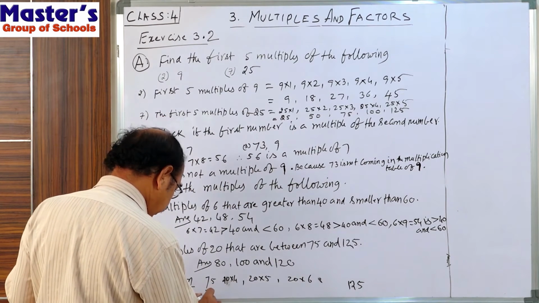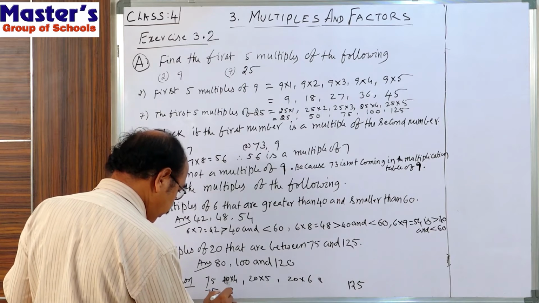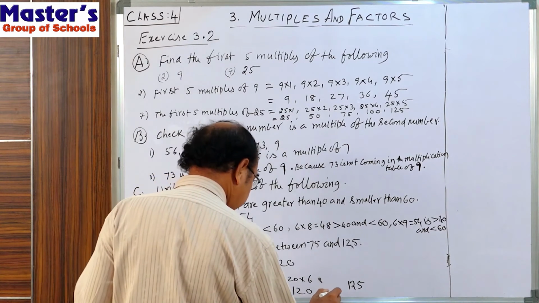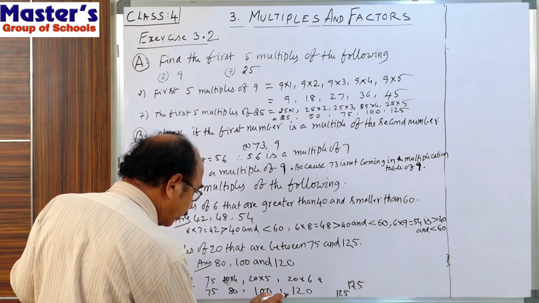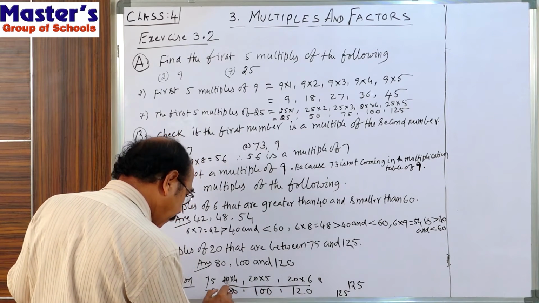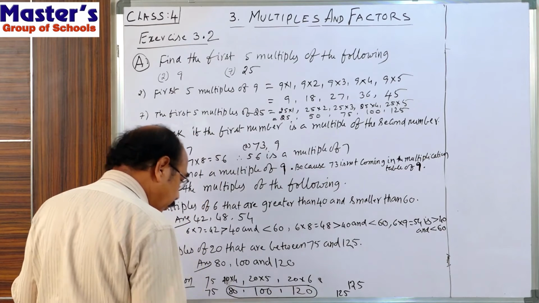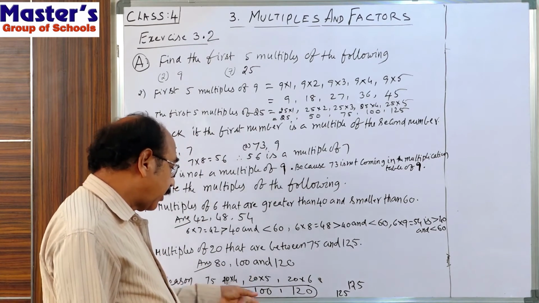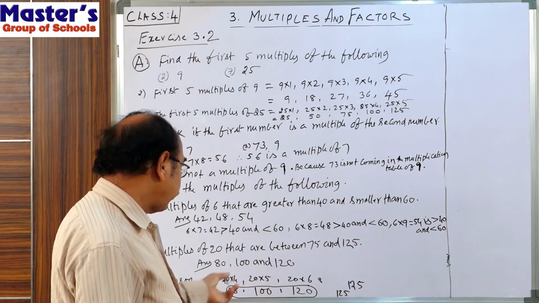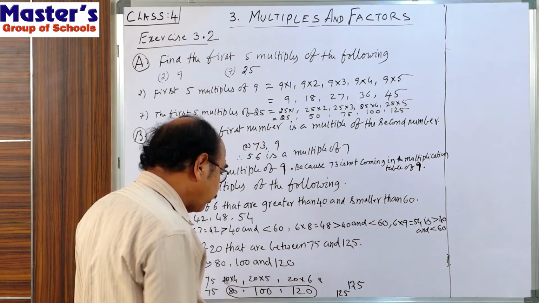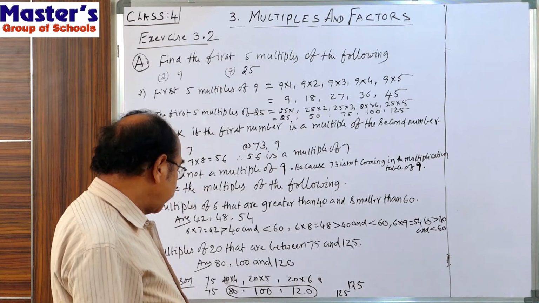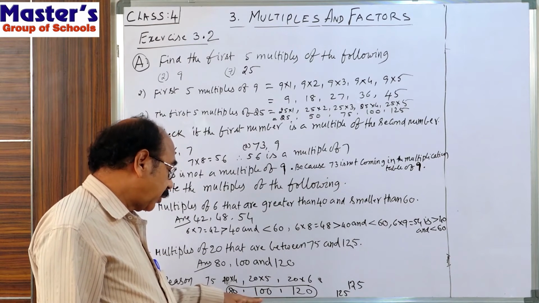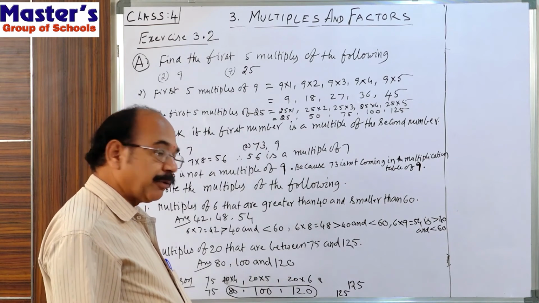You see, children, 75, here 80, here 100, here 120. So the three numbers are in between 75 and 125: 80, 100, 120. 80 is a multiple of 20. 100 is a multiple of 20. 120 is a multiple of 20.